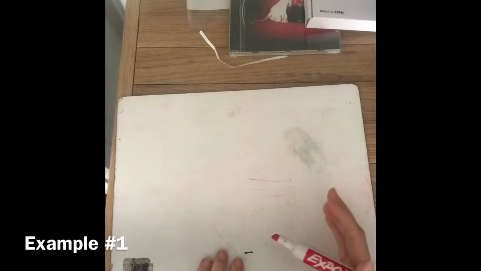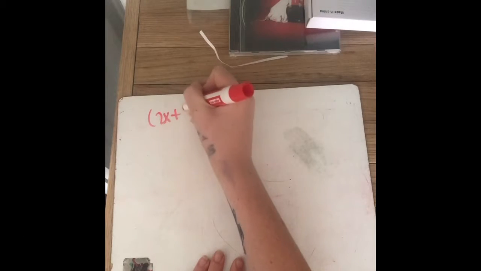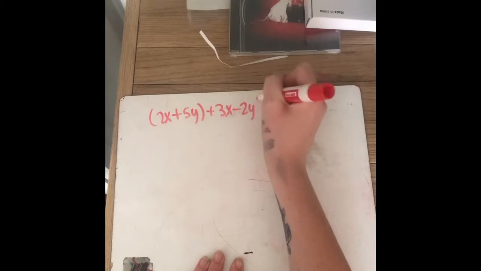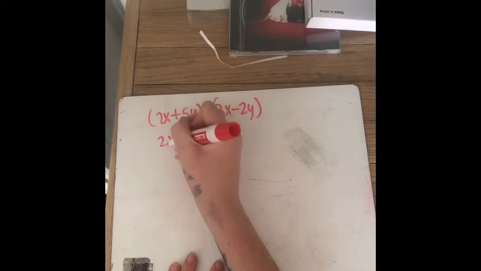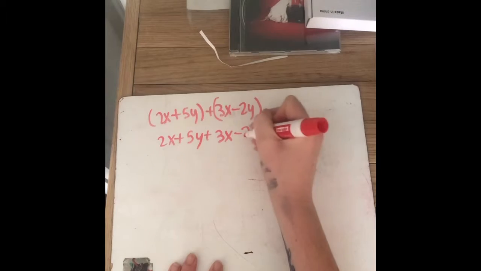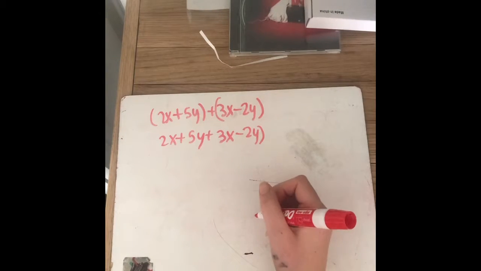So let's start off with addition. The first example that I showed you: 2x plus 5y plus 3x minus 2y. The first step is to remove all of the parentheses, which gives 2x plus 5y plus 3x minus 2y. Then you have two ways you can do it. You can do it horizontally or vertically.